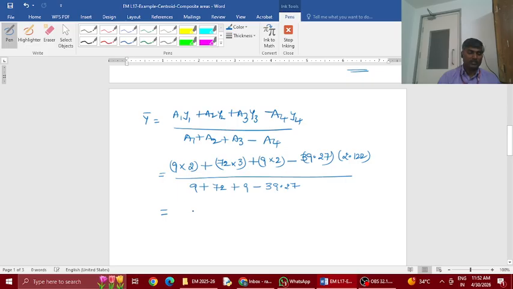So this works out to 3.325 centimeters, the y bar value.